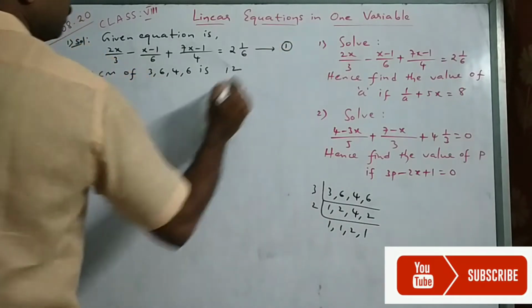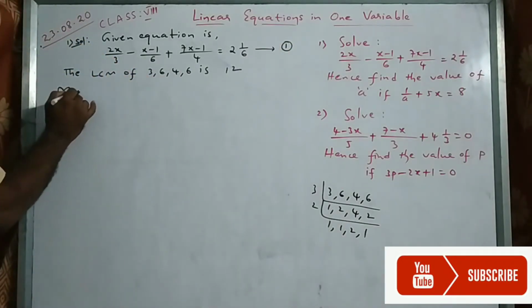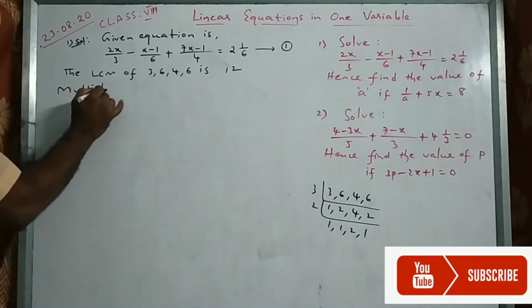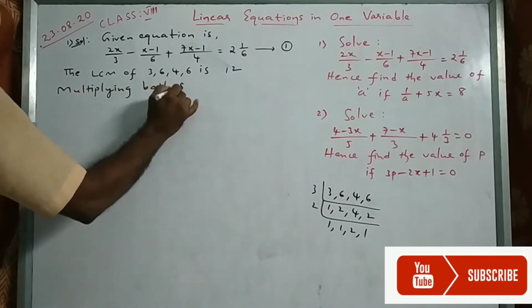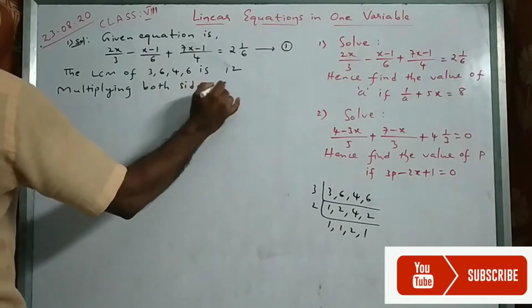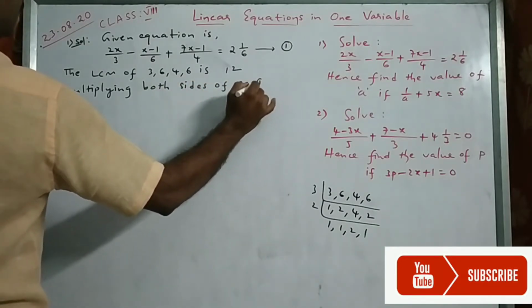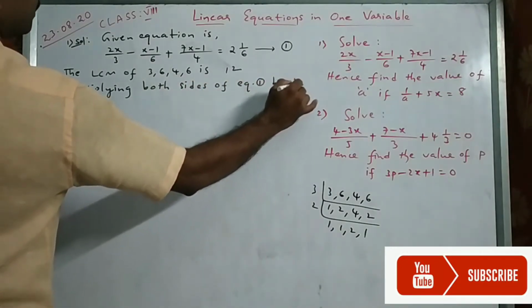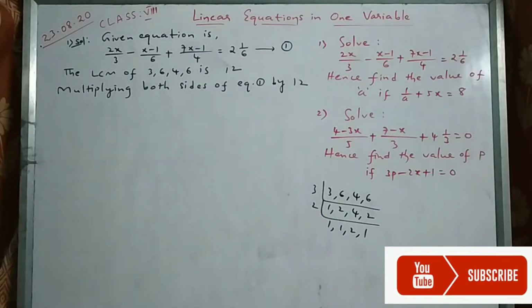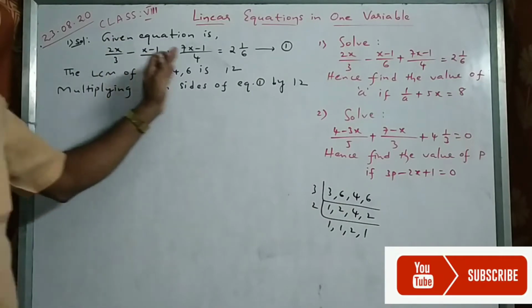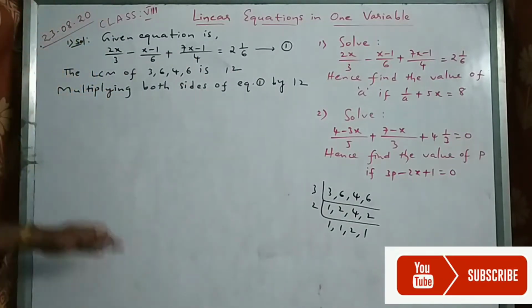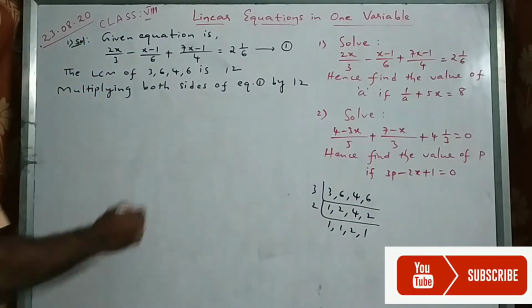This is equation 1. Multiplying both sides of equation 1 by that LCM, to simplify the fractional types. Take the LCM of denominators and multiply throughout the equation by that LCM.